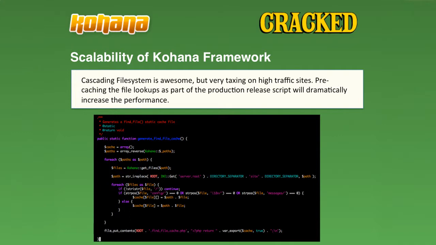What do I do? Many frameworks provide a caching ability for these lookups. Kohana provides that as well, but on crack.com, and in fact at Demand Media, I'm pretty sure all the Kohana implementations use this: we pre-cache the file lookup as part of the production release scripts. This dramatically increases performance.